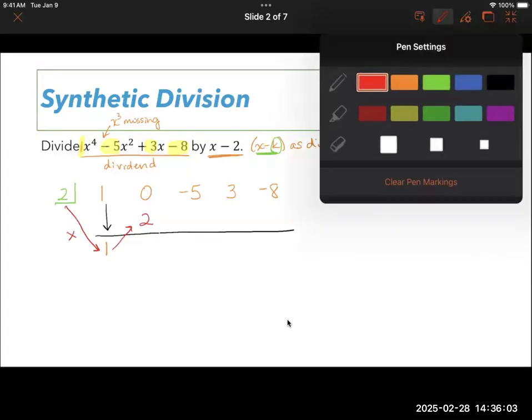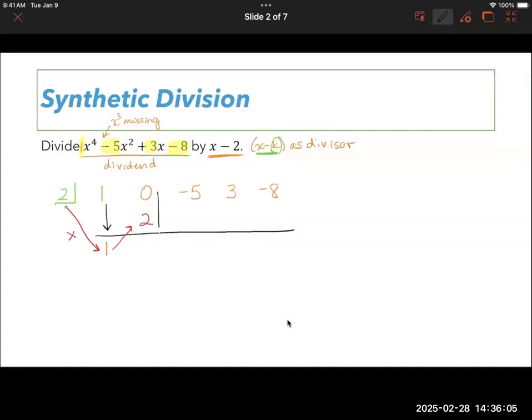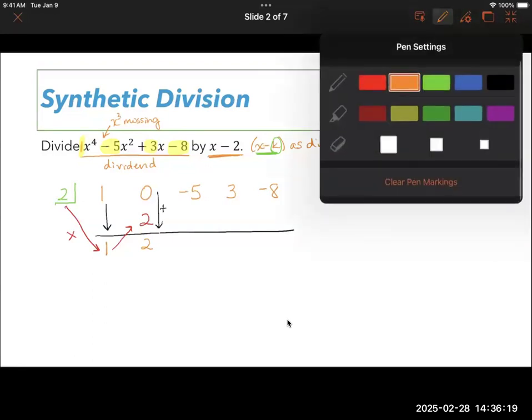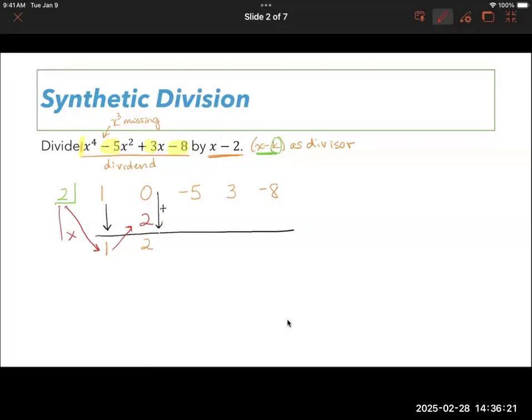And then with each column, we are going to add the columns together, which will give us the next number to put under the line. And then the same thing, we take the 2, that was our k, times this next number, and we put it in the next spot under the coefficient.